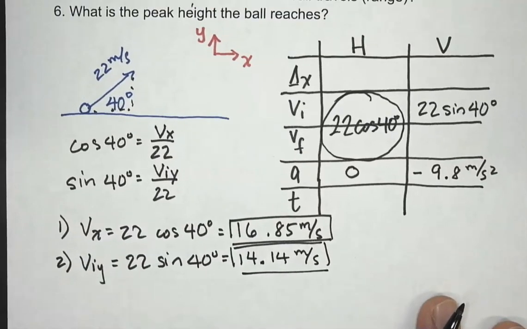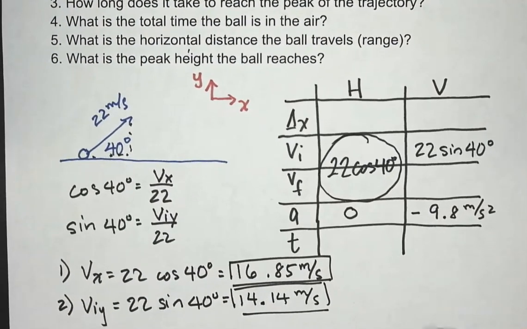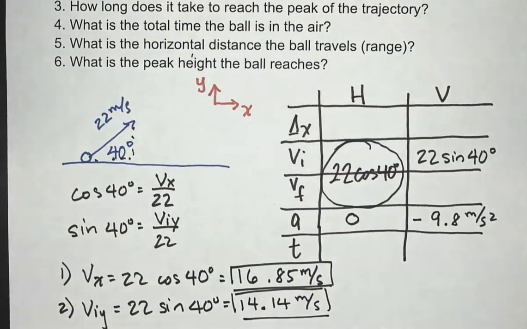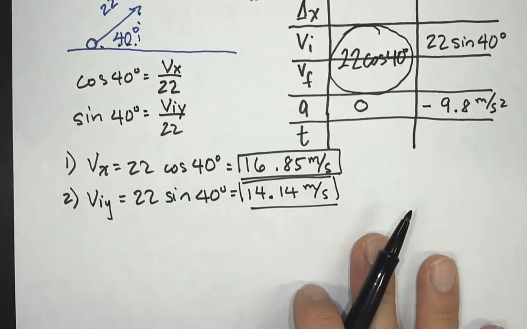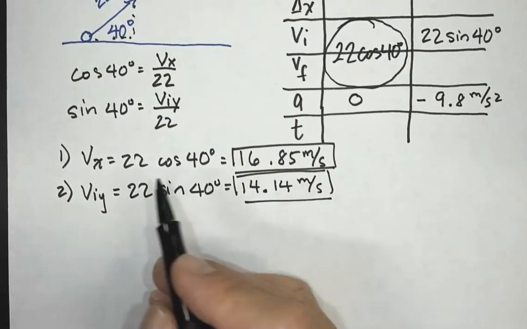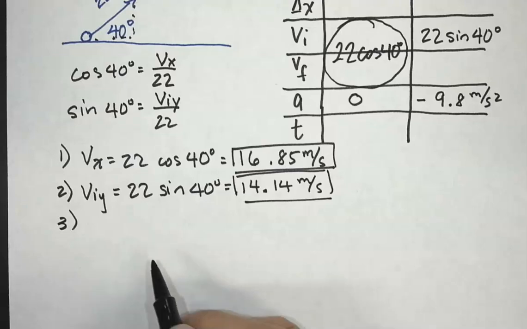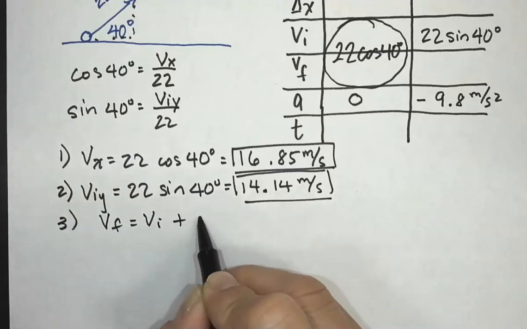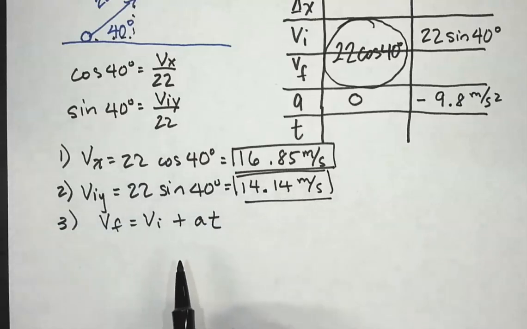The third question is, how long does it take to reach the peak trajectory? So I'm going to use one of our kinematic equations, Vf equals Vi plus At, because I have 3 of the variables and I'm looking for t.